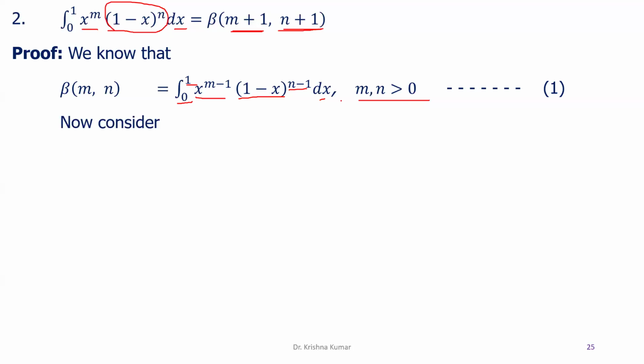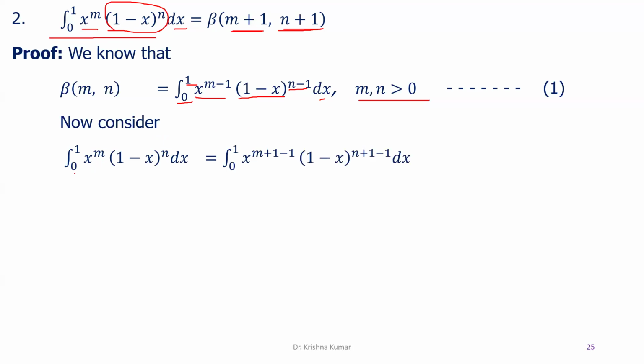Now let us take the left hand side: the integration under the limit 0 to 1 of x to the power m into (1 minus x) whole to the power n dx.